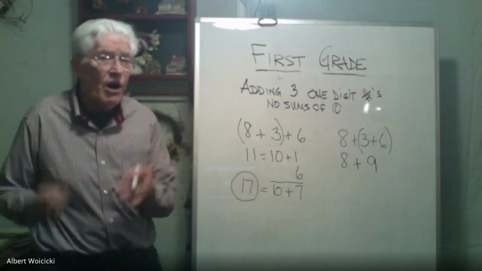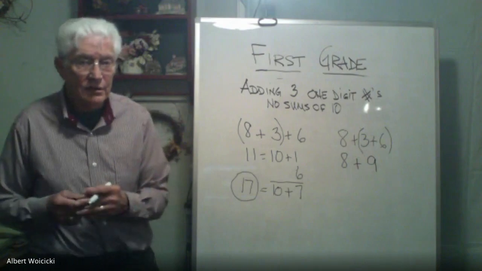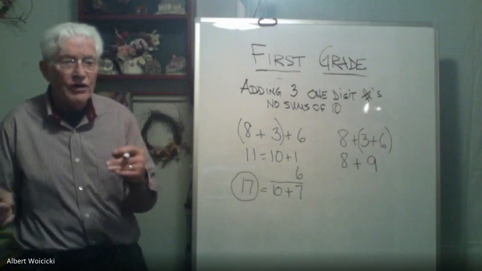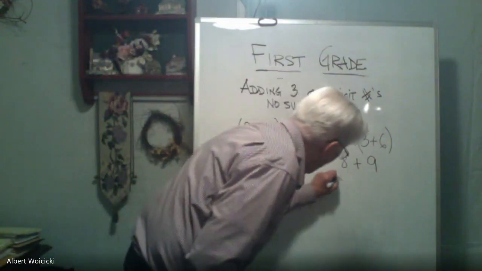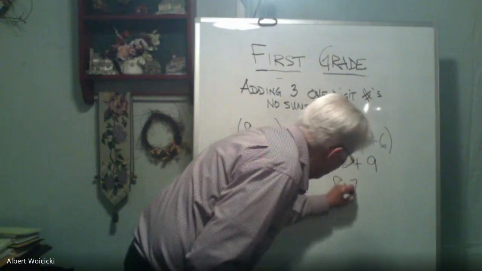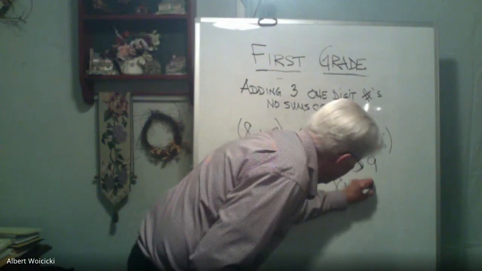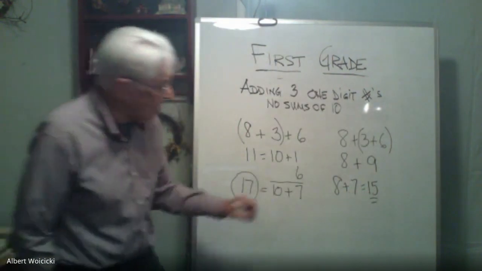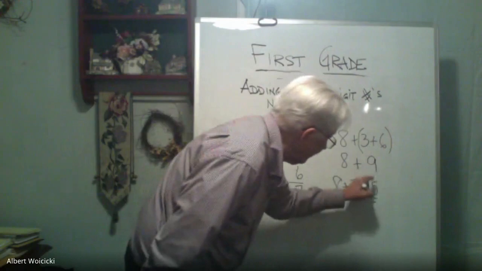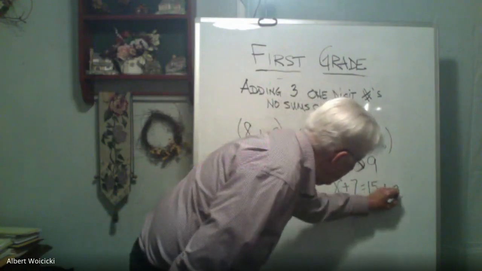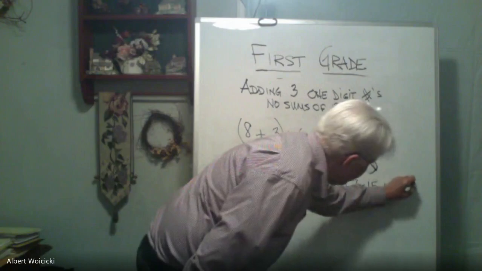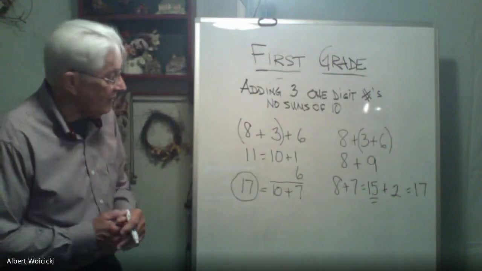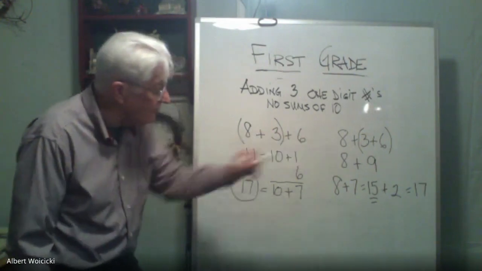This has to be part of what they're doing in their mind. Okay? You have been practicing over and over and over again, and you know that 8 plus 7 equals 15. That's a fact. Well, 9 is just 2 more than 7, so we have 15 plus 2 equals 17. And we have the answer once again. Now that's 2 ways of doing it.